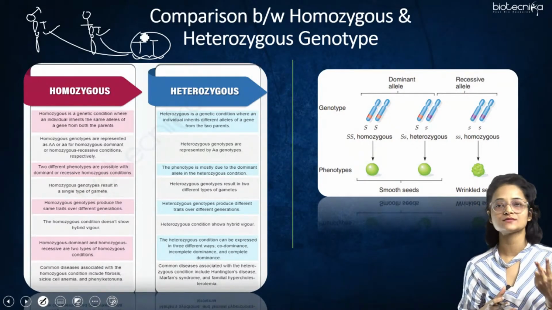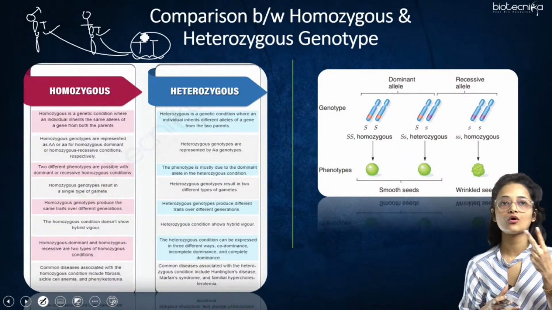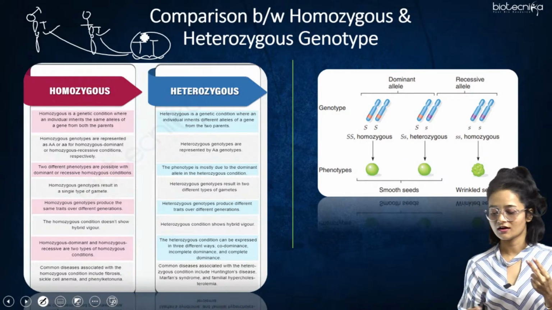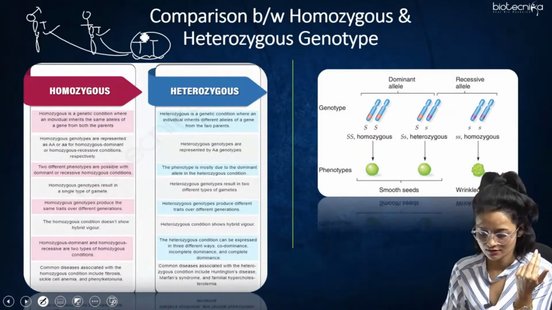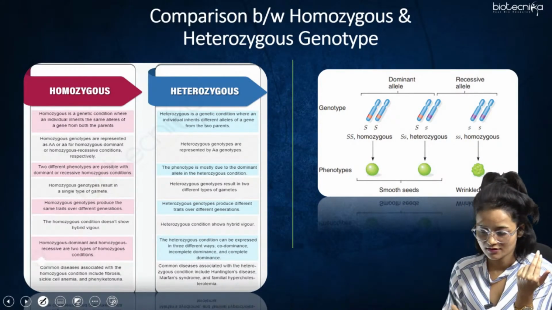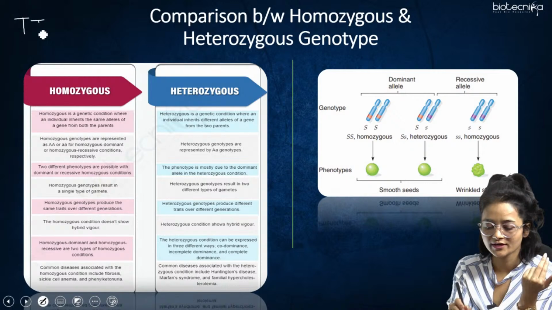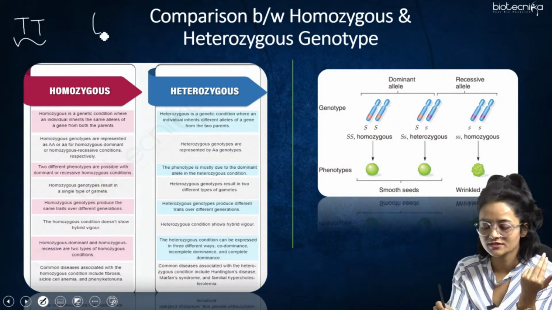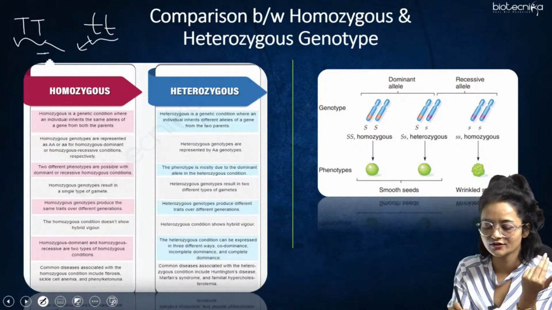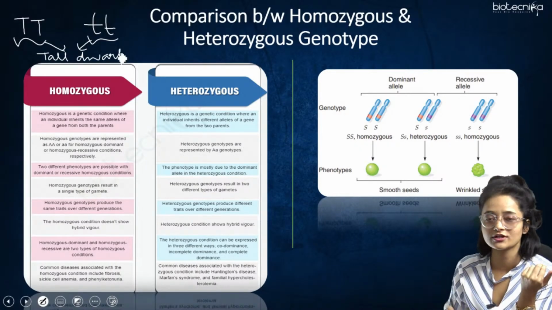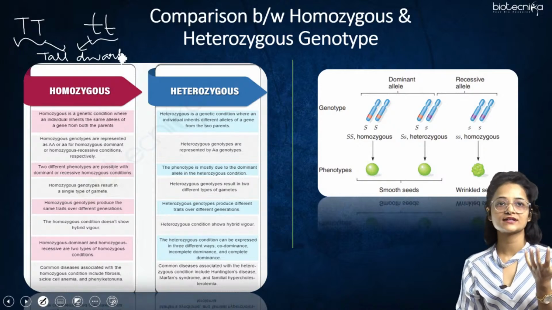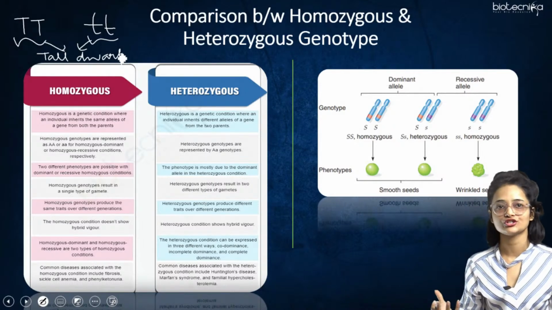Suppose we take the homozygous dominant for the tall character and homozygous recessive for the dwarf character. So two particular phenotypes would be there, either tall or dwarf, right? So two possible phenotypes could be produced from the homozygous dominant or homozygous recessive genotype.